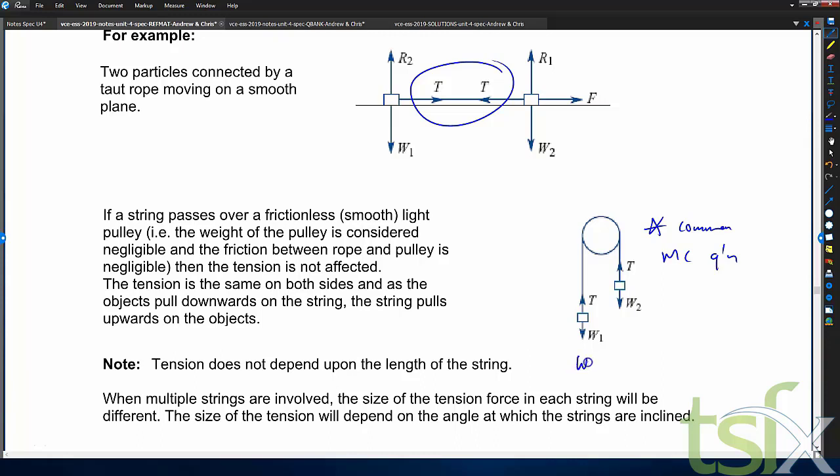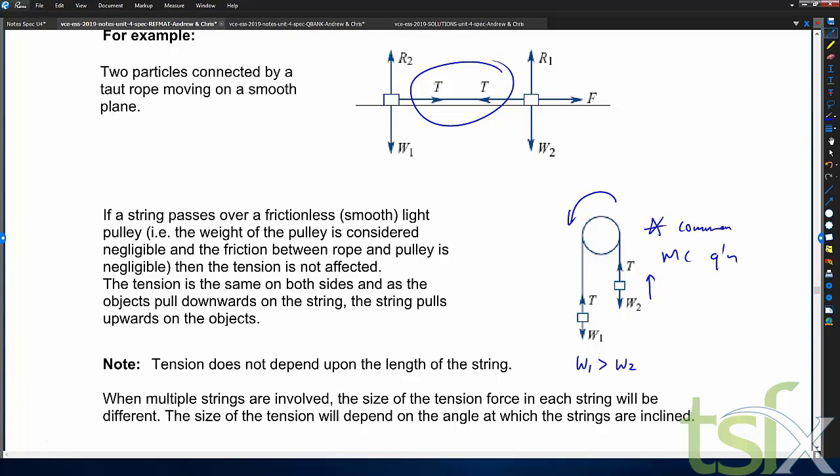So we'll say W1 is greater than W2. Yep. So we expect that the things are going to go down, don't we? We expect that it's going to move this way, correct? Gravity acts downwards, doesn't it? Yeah. So in this case, when this one goes down, this one actually goes up, doesn't it?